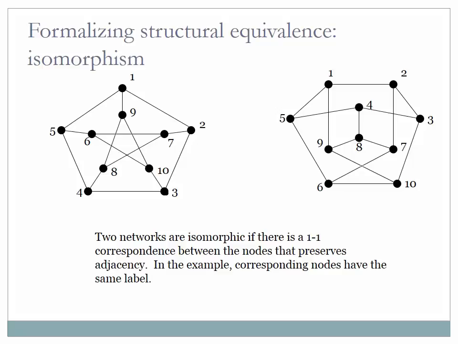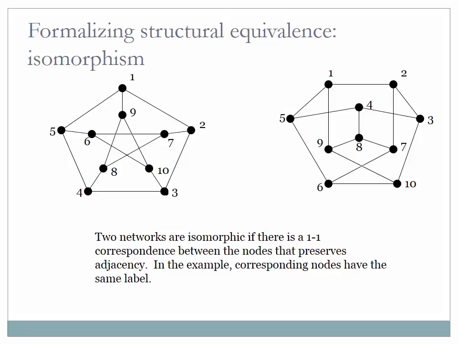So, for example, if we find the node labeled 4 in the representation on the left, we see that 4 is adjacent to the nodes 5, 8, and 3.